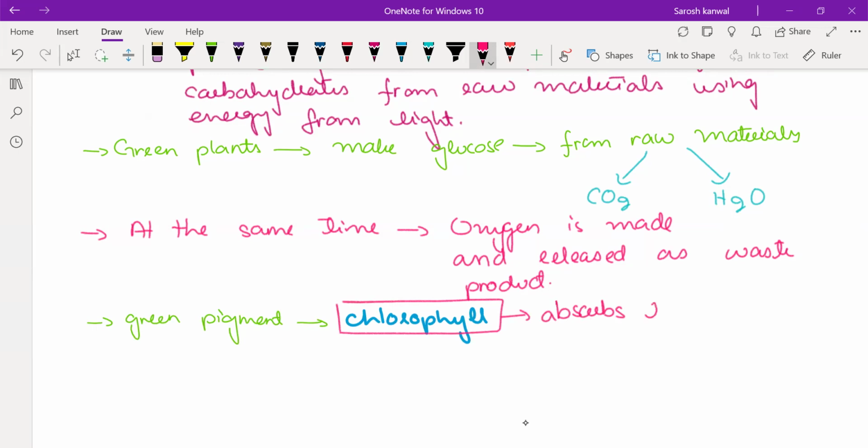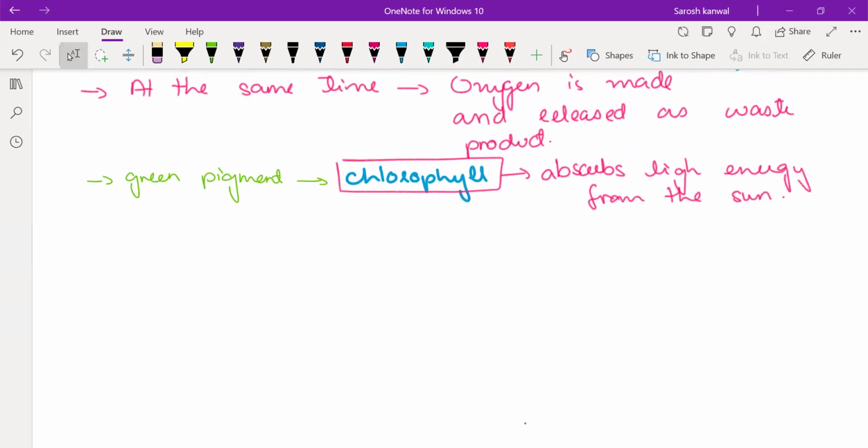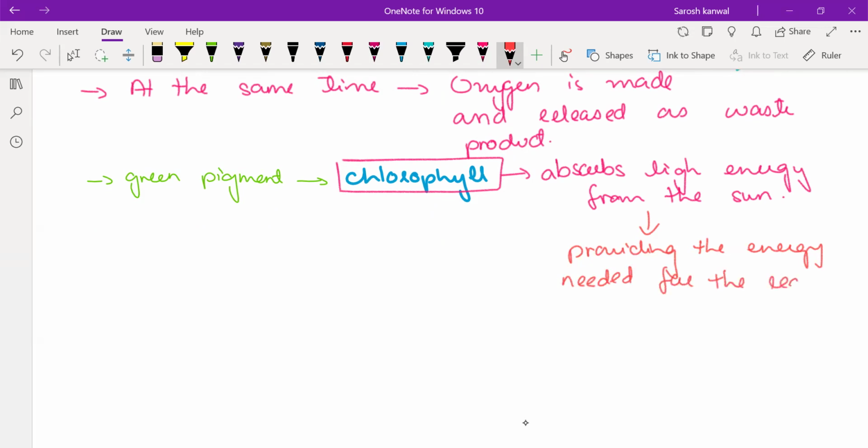It absorbs light energy from the sun, right? And that is going to provide the energy that is needed for the reaction to occur, right?